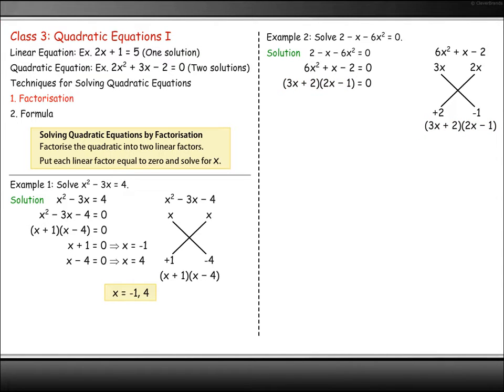Put each linear factor equal to 0 and solve for x. The first solution is x equals minus 2/3. The other solution is x is equal to 1/2.